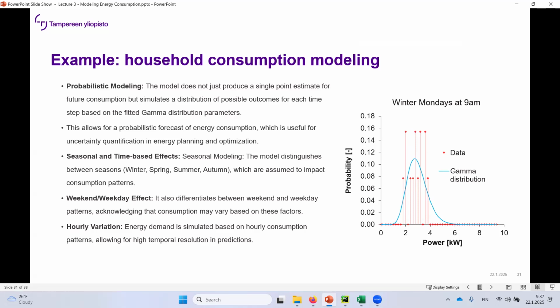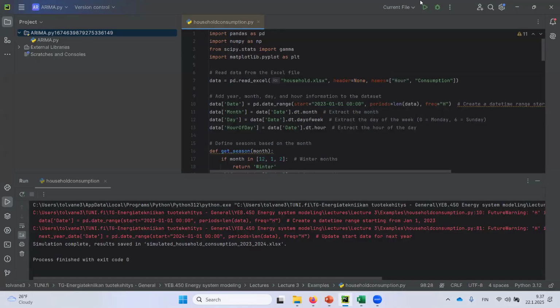You can see the dots in here represent how much power consumption I had. And now if I make the probability density function for it using the gamma distribution, it would look something like this. And that is fitted with this Python code. So I have the code in here.